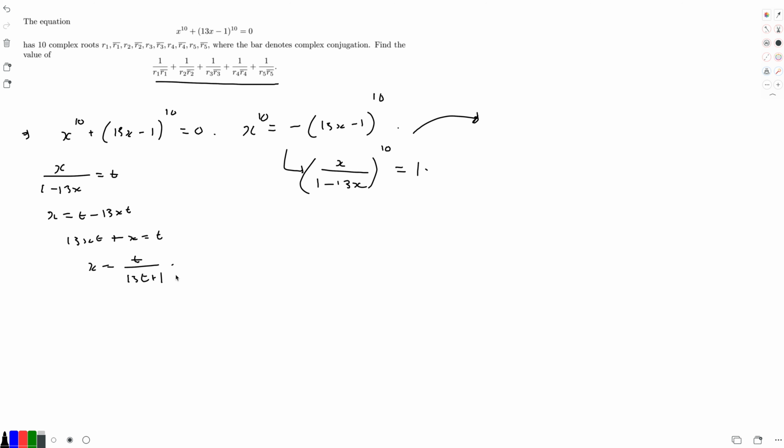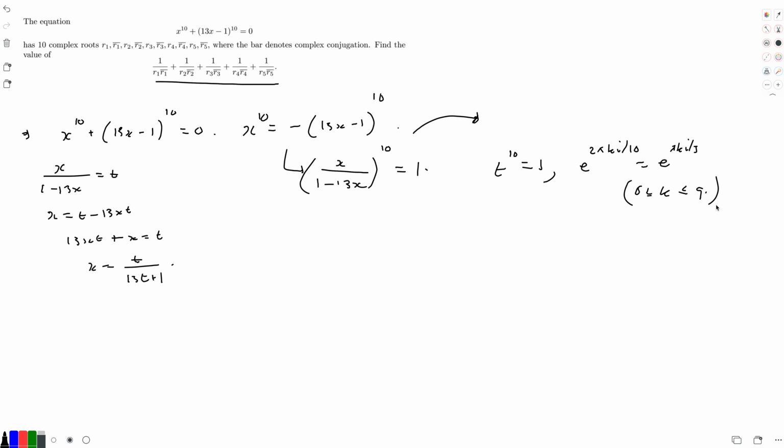Okay, and then now let's also solve t to the 10th is equal to 1. This is something we do know how to do. This is just e to the 2 pi k i over 10, which is equal to e to the pi k i over 5, for k from 0 to 9.